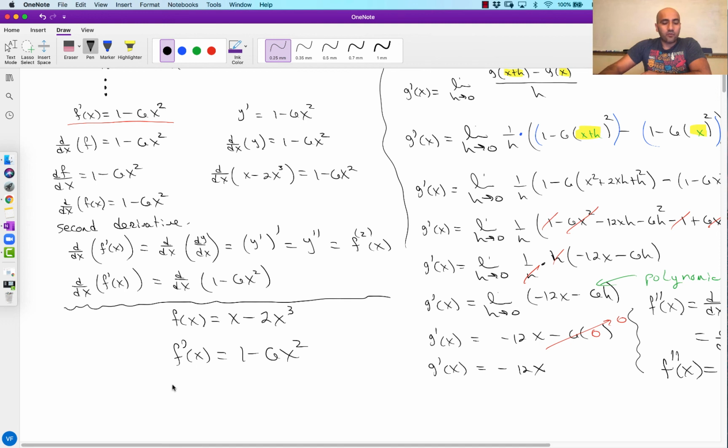And after a bunch of work, we see now that the second derivative of our function, which is equal to the derivative of this derivative function, is equal to negative 12x. Well, if we wanted to continue, then of course we can find the third derivative by taking the derivative of this function, and so on and so forth. Okay?